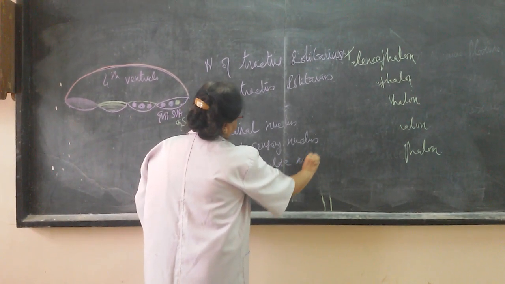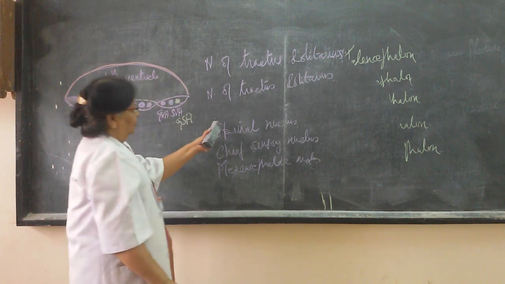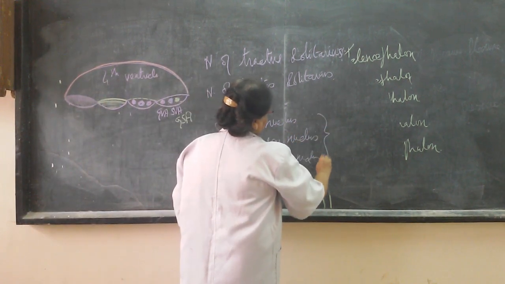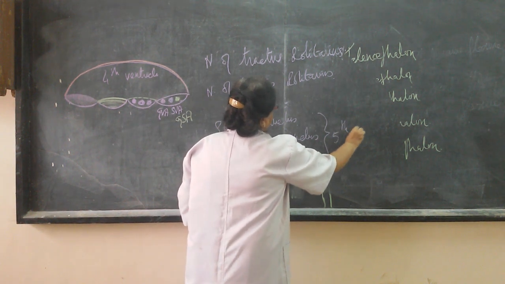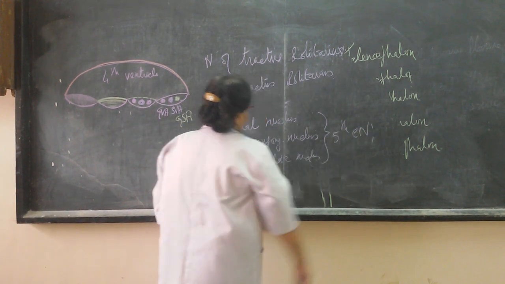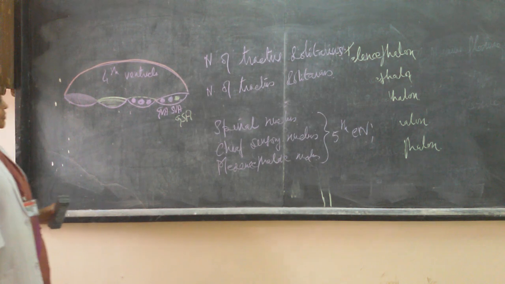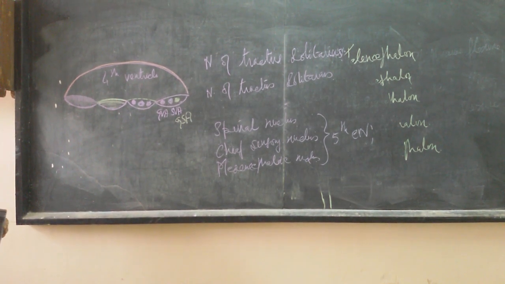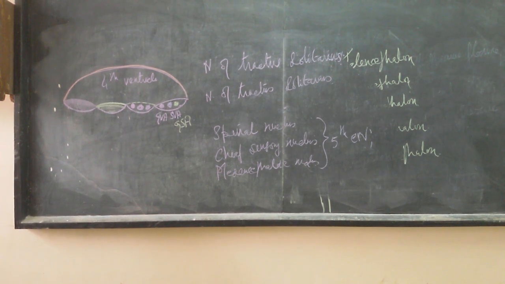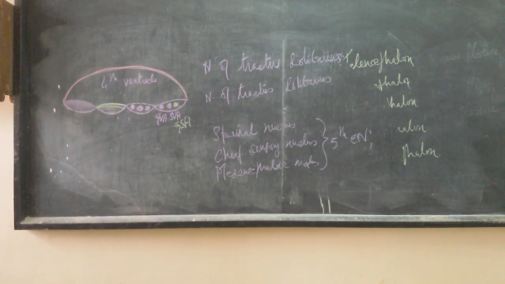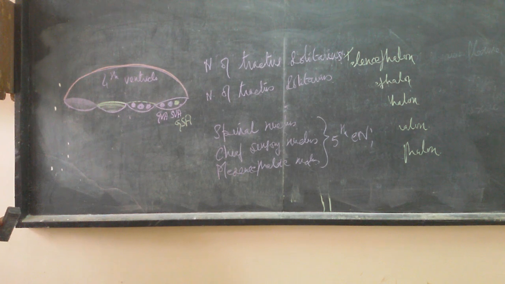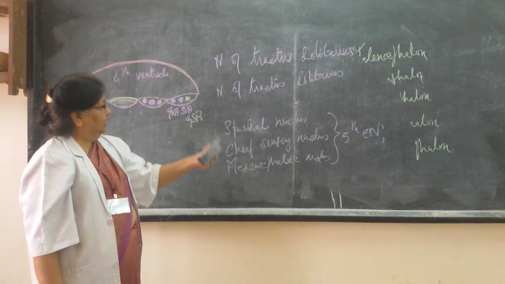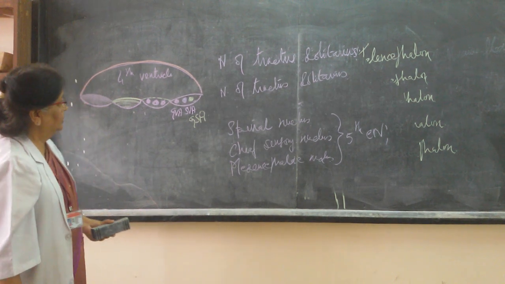All these three nuclei are the sensory nuclei of the fifth cranial nerve, and they receive general and proprioceptive sensation.